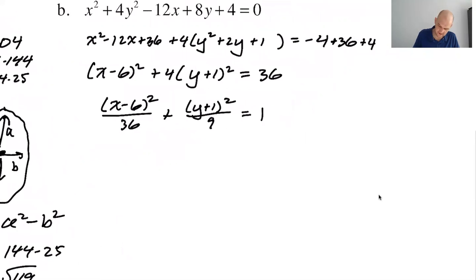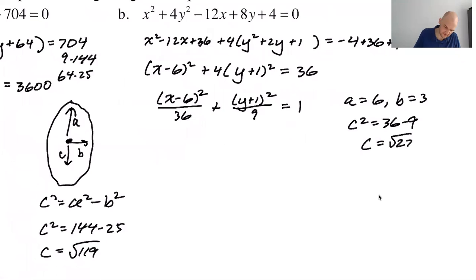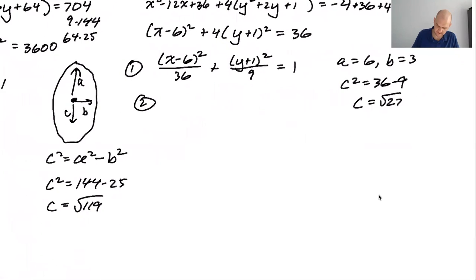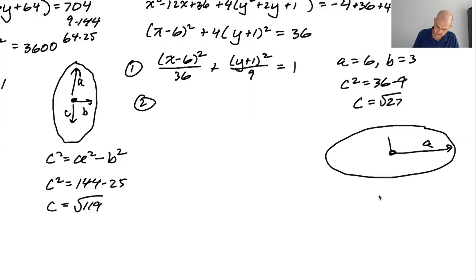So you can see that a is going to be 6, b is going to be 3, c squared is 36 minus 9, so c is radical 27. And let's start listing. So that's our equation. This is fatter in the x direction. All right, so you have your center, you go A, B, C. Center is 6, negative 1.